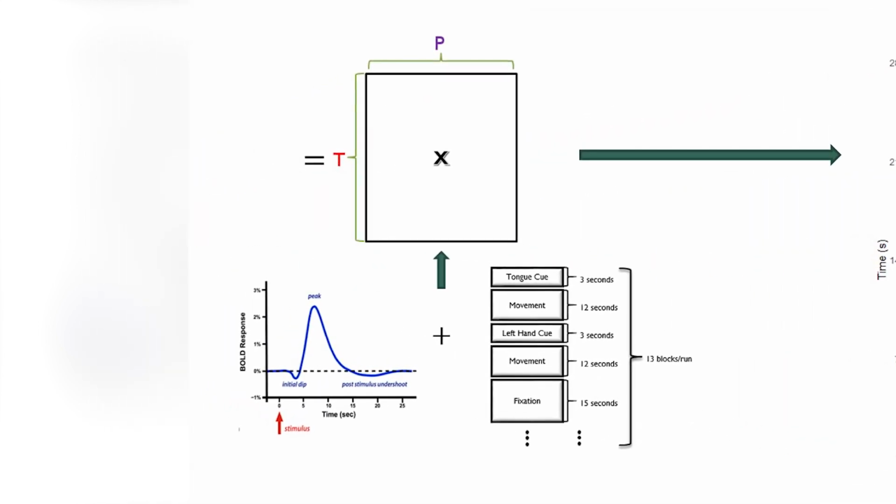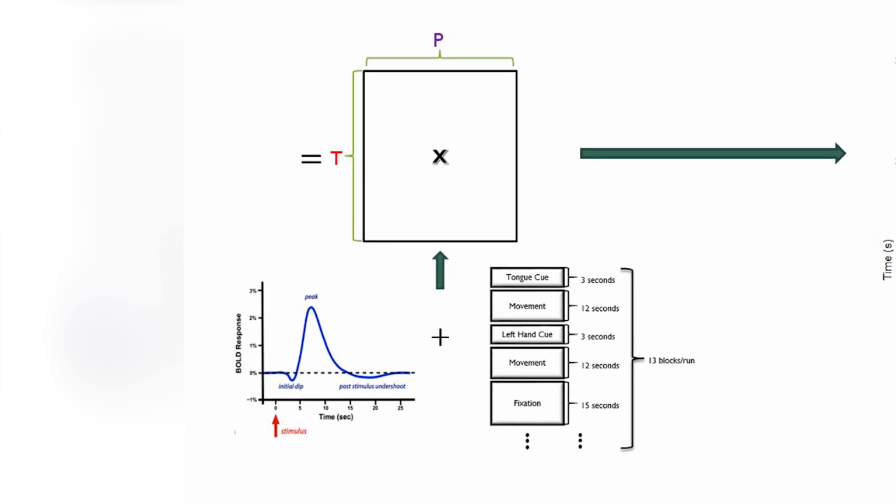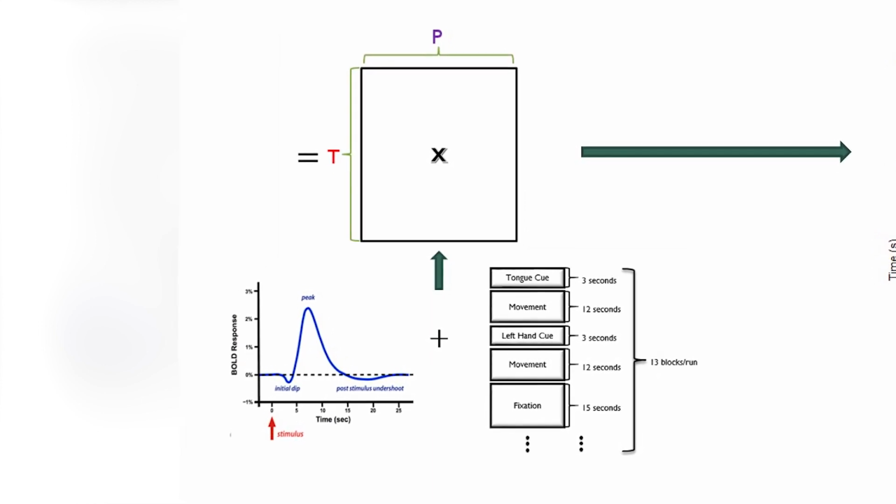We have a dip in the bold response, our blood oxygen levels. We have a peak, and then again, it slowly decreases. So this is something that's been studied over time. We know what this function looks like. It's the hemodynamic response function. And we also know the exact structure of the task that was being completed.